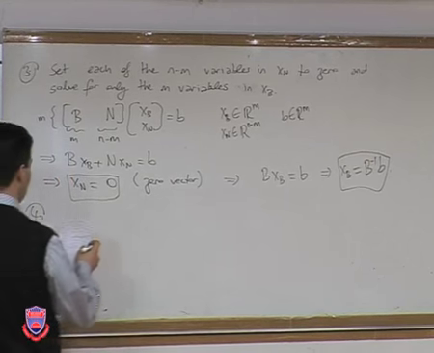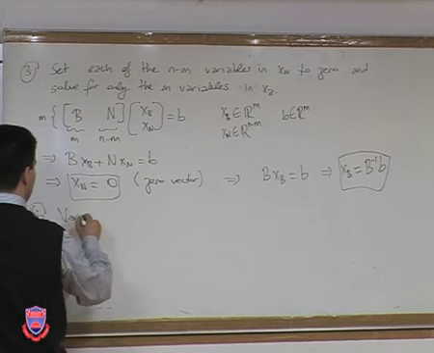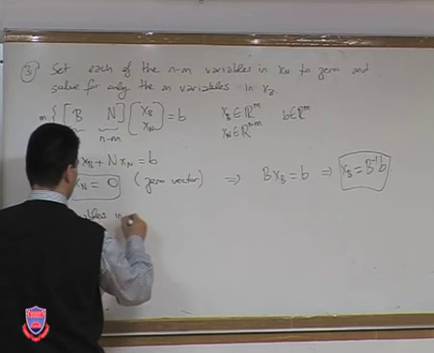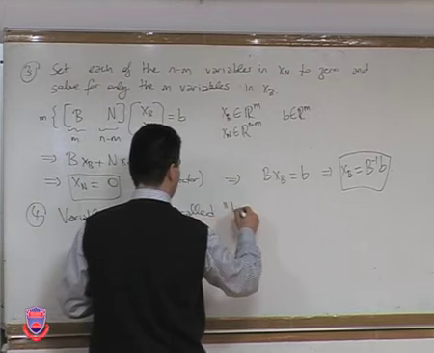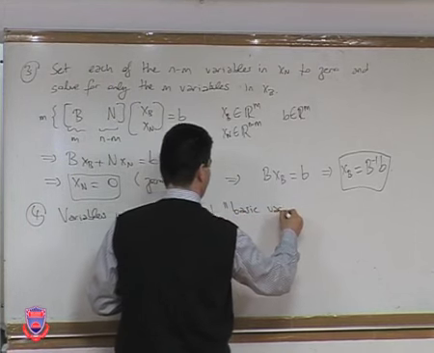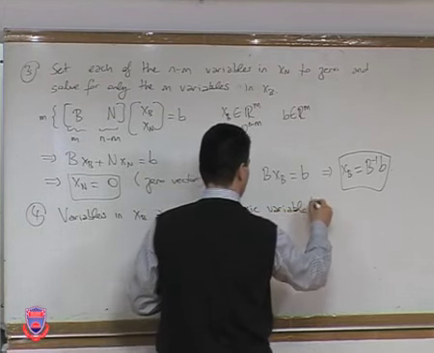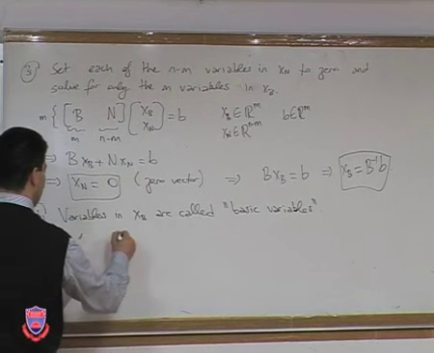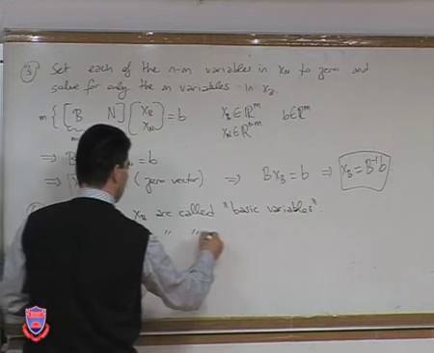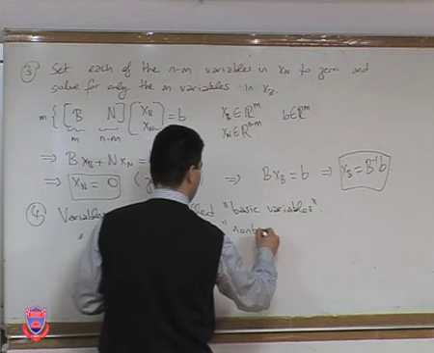Step number 4. So variables in xb are called basic variables. And similarly, variables in xn are called non-basic variables.